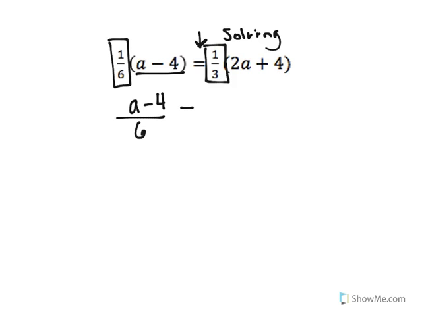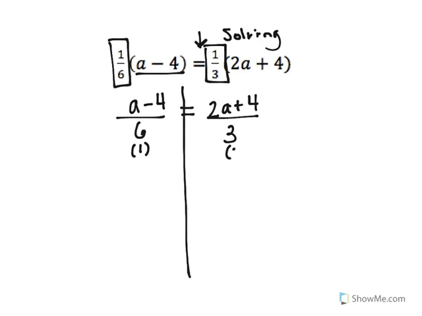I need to combine them. Now it's easy to solve, right? I want to make 6, so I do these here. Multiply this number by the top. Multiply this number here.